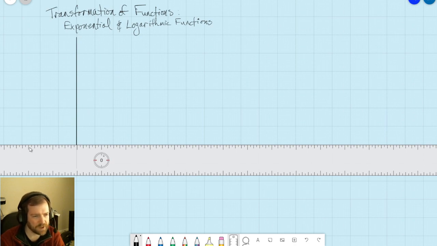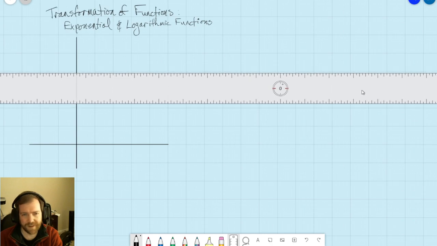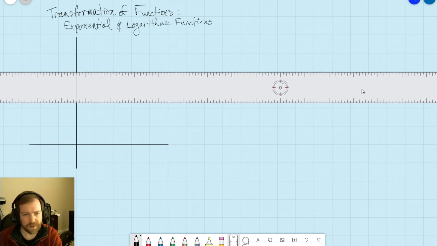Or at least how generalizable my particular method is versus something that they learn from their high school teacher, which is mostly boiling down to you just plug some stuff into a calculator and get some numbers out. I don't enjoy that very much.